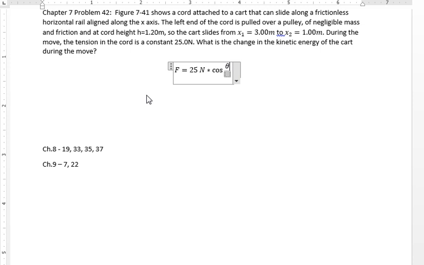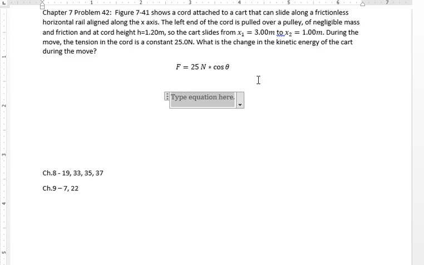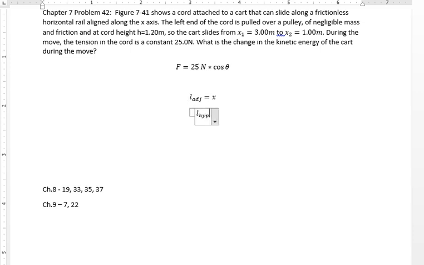We can figure out the cosine because the adjacent side is x long, and the hypotenuse is the square root of x squared plus 1.20 squared, the square root of the sum of the squares of the sides.